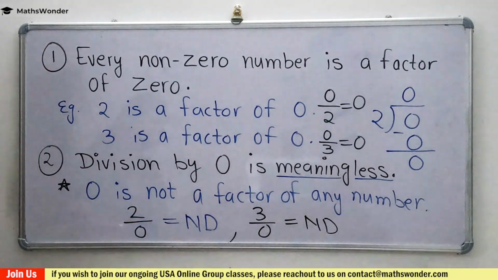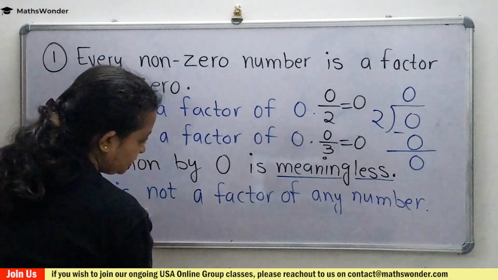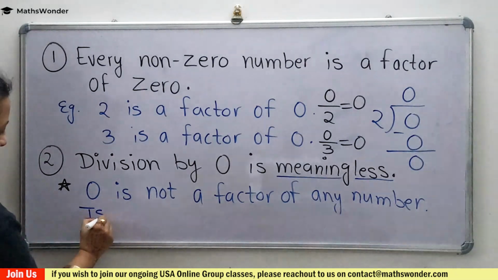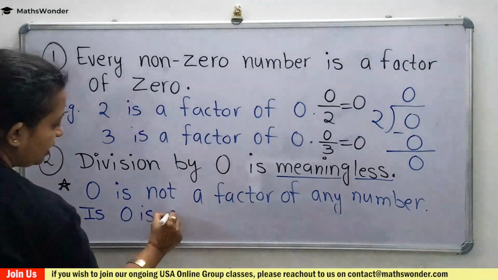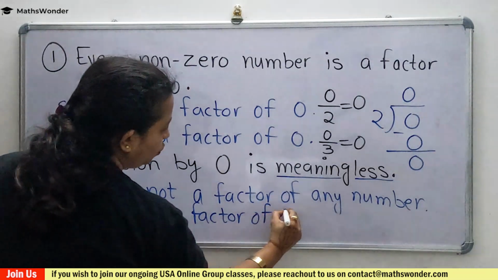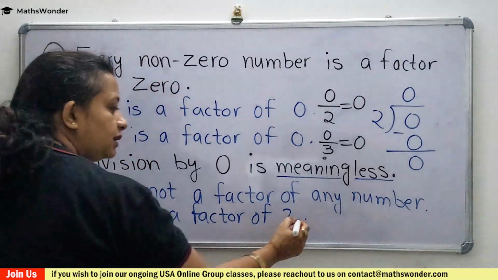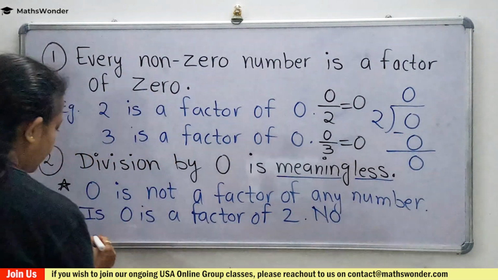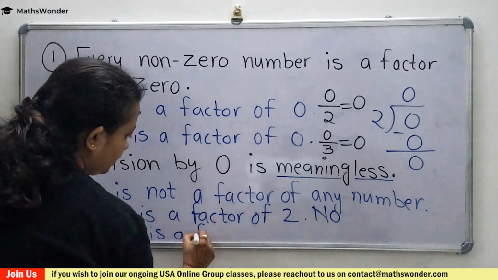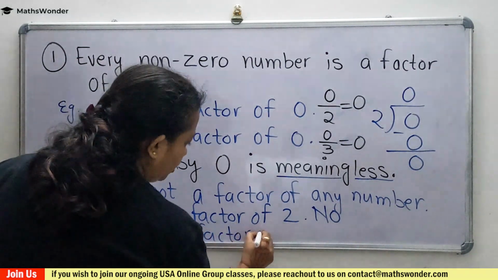But suppose the same question is written in reverse order: is 0 a factor of 2? Your answer is no. Is 0 a factor of 3?